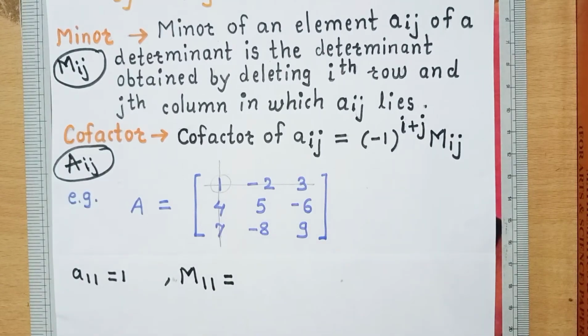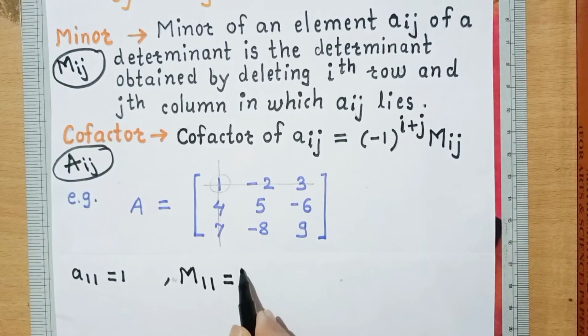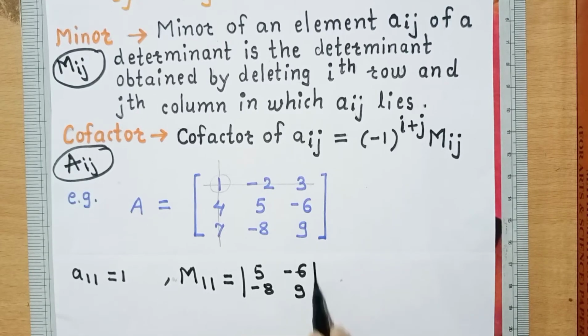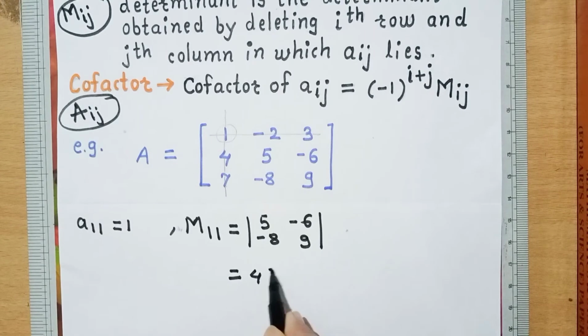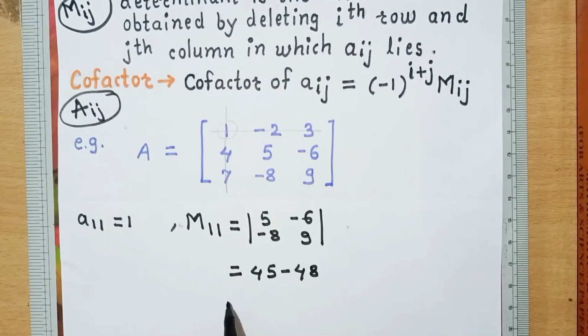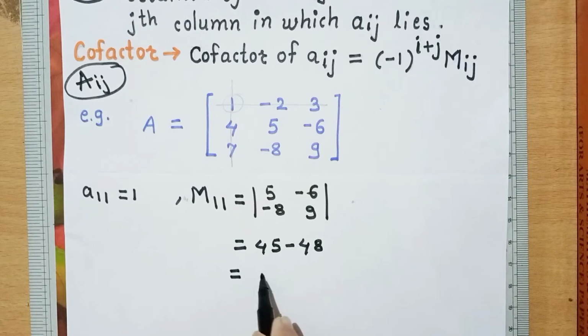So I'll delete that and then write down this determinant. Now simplify this. So we have 8 6 are 48, and that is equal to -3.